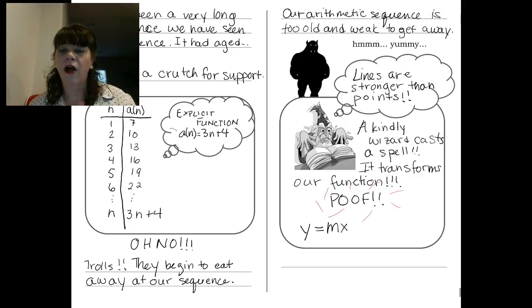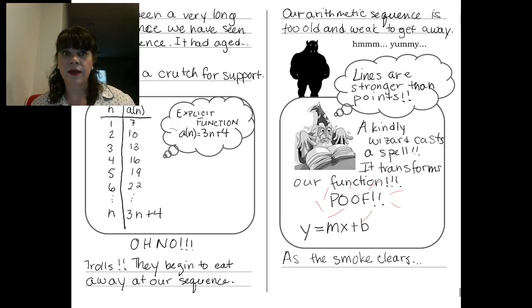But now we want all of the numbers, X. And then we're going to have some constant that will always be added on, and we're going to call that B, because this is where our story begins. So now our new function is Y equals MX plus B. It might look familiar to some of you. Maybe there's a connection.